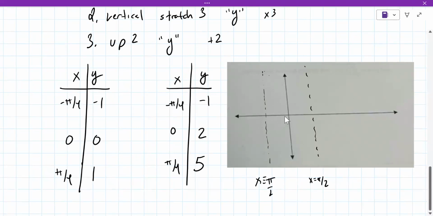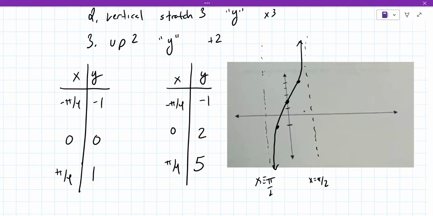This negative pi over 4 is midway between the origin and negative pi over 2, so it's midway in between, and then down 1 right there. 0, 2 is up 2. Pi over 4 is midway between 0 and pi over 2, up 5, like that. And then it has to have kind of a snake-like look to it. It's not straight lines, it's a little bit of a curvature, something like that.